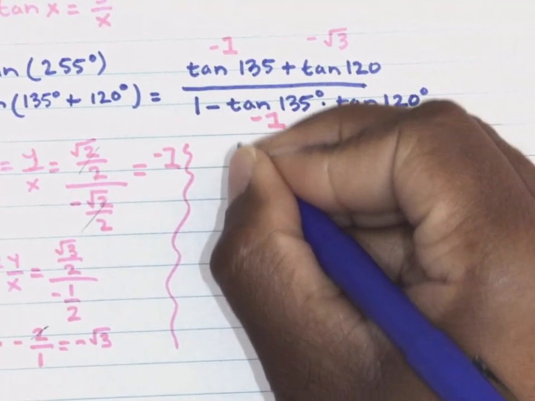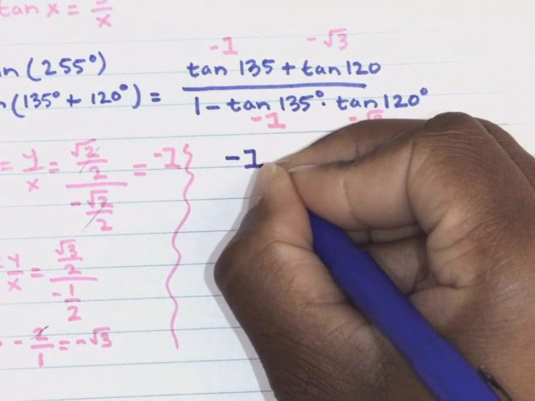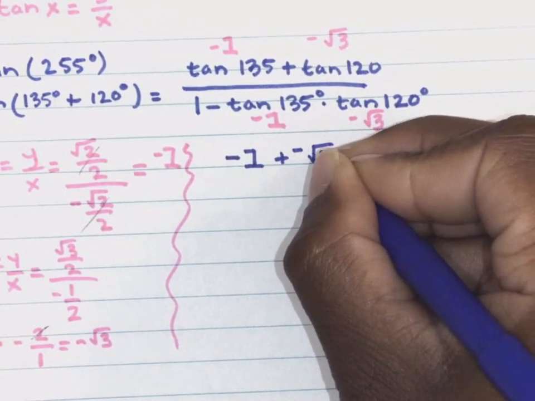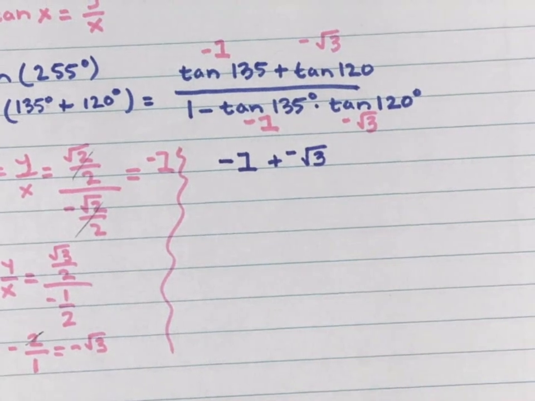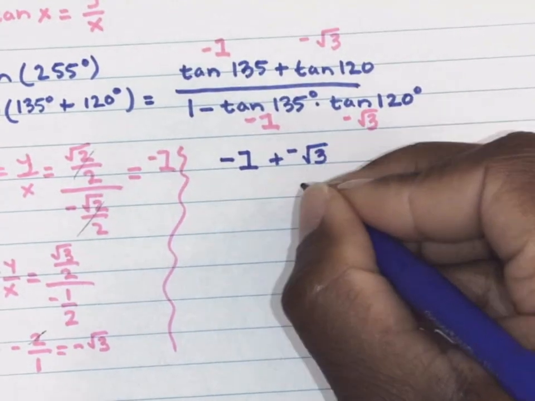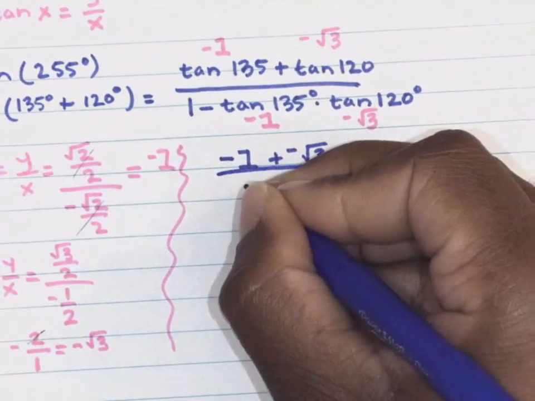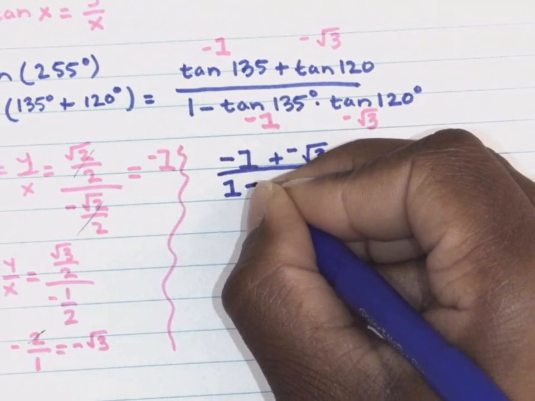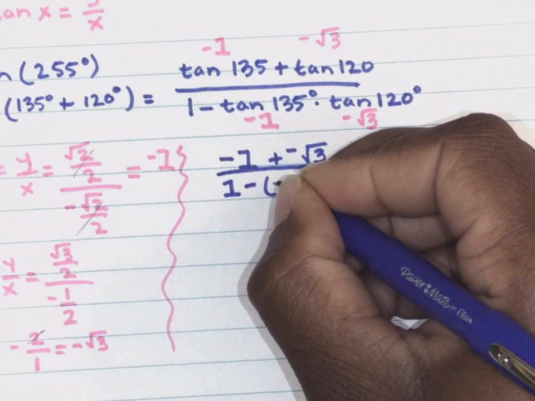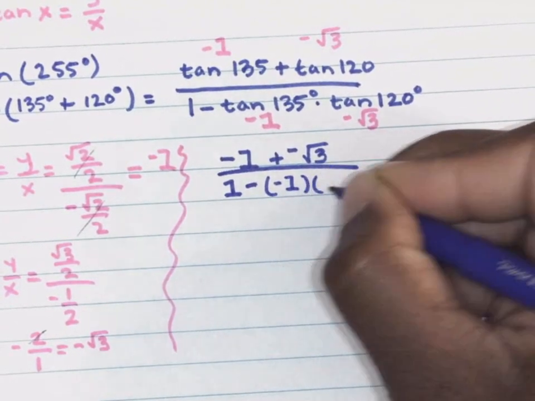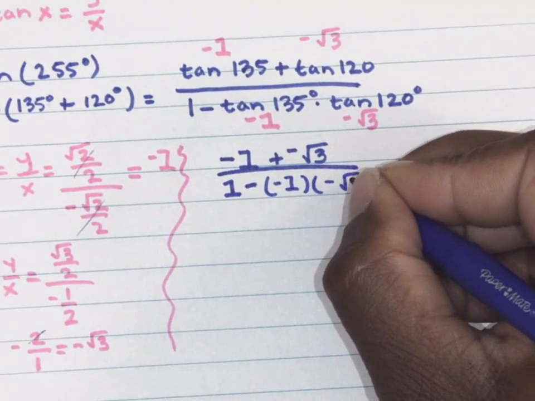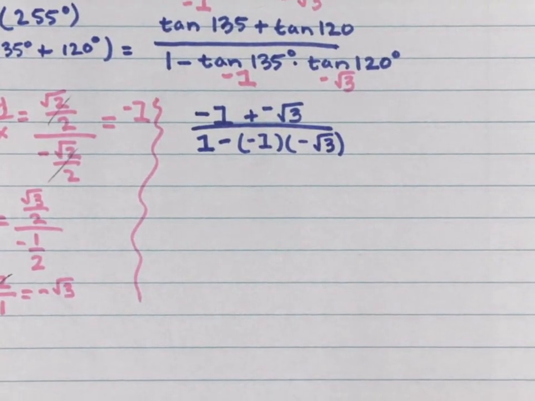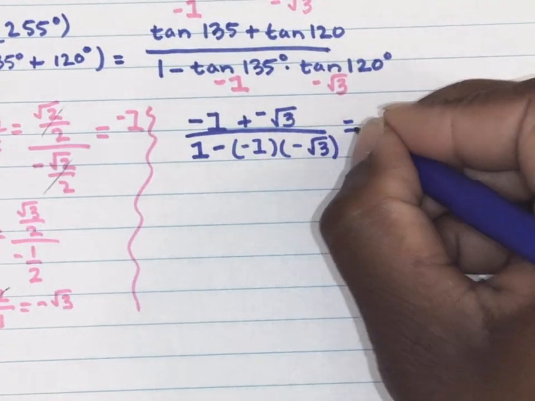So tangent of 135 is negative 1 plus, or I should have put minus, but I'll go ahead and keep it moving, plus negative root 3 divided by 1 minus negative 1 times negative root 3. And from here, it's honestly just simplifying things.